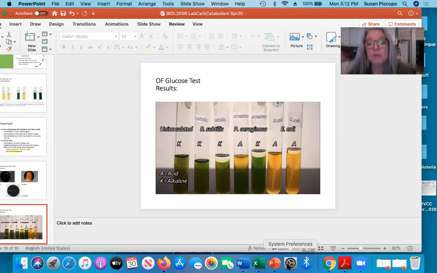So before we put the cultures in, the media has a greenish color to it. If acid gets produced in the tube it will turn yellow. And if an alkaline product gets produced, like ammonia or something, the tube will turn dark blue.